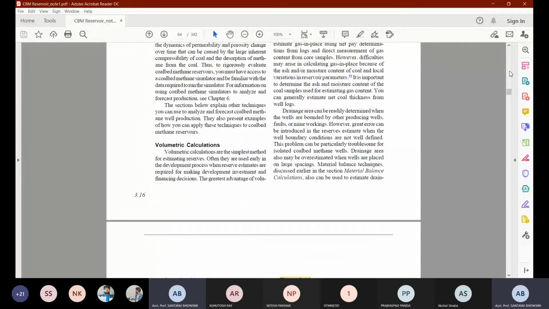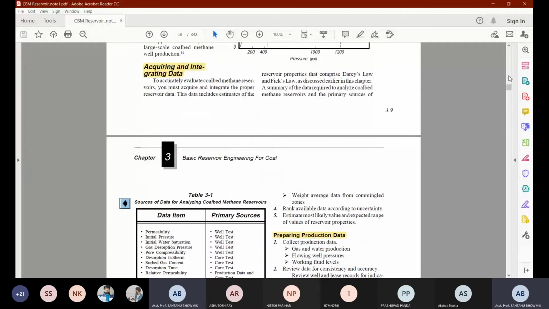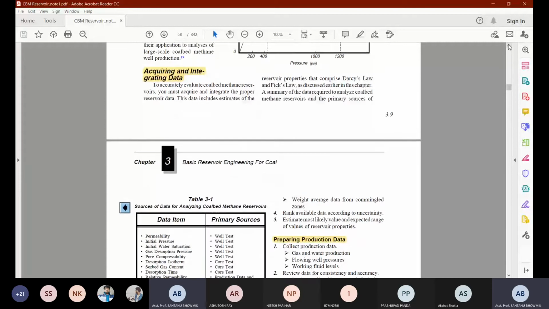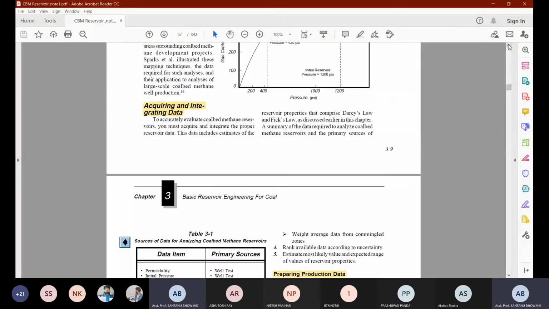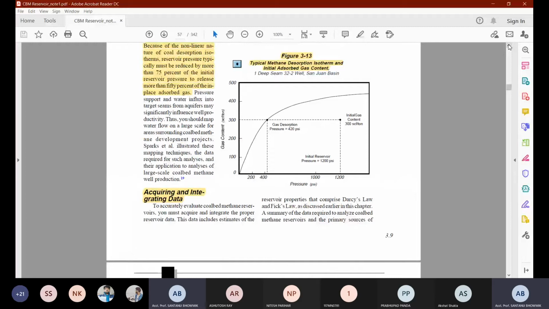But for the time being, let me mention that whenever you are going to adsorb the gas, as you know, in the initial stage the total pore volume is accessible. So the moment you inject some gas into the coal, its total pore volume is accessible to the molecules of the gas.